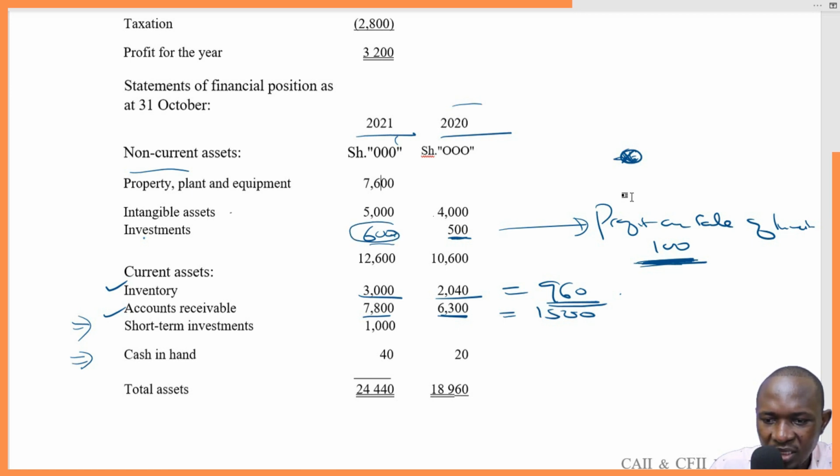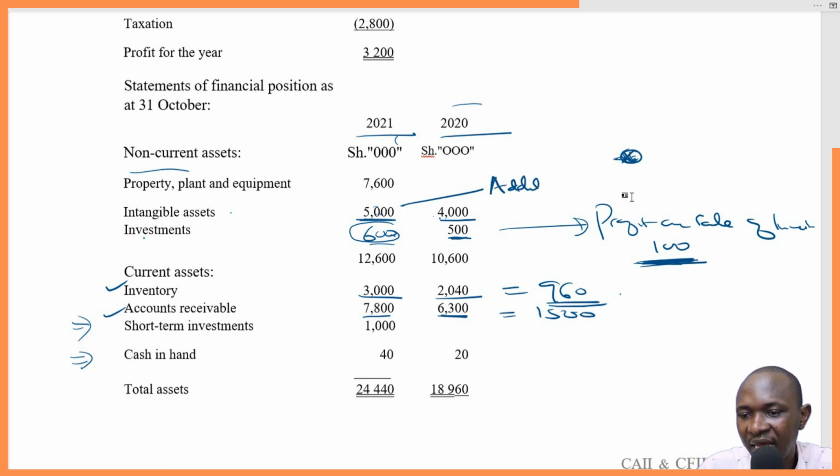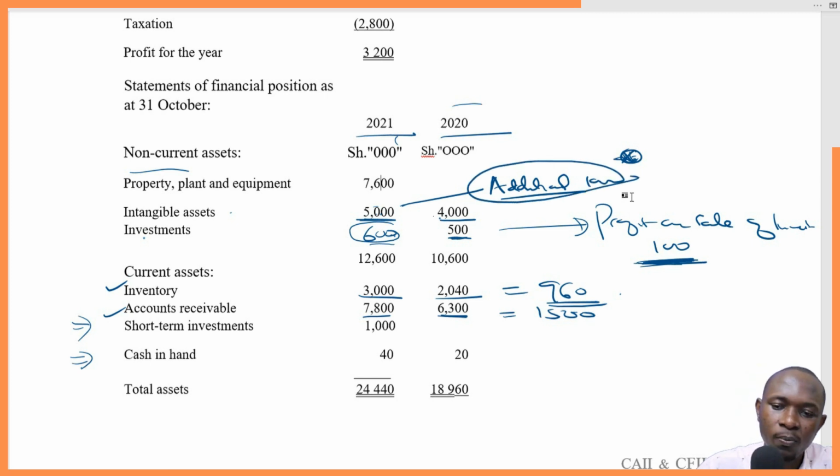But for the intangible assets, look, we started with 4,000, but now 5,000. It means the value of intangible assets is now 5,000, but initially it was 4,000. It means we must have purchased additional intangible assets worth 1,000, because the value has increased by 1,000.